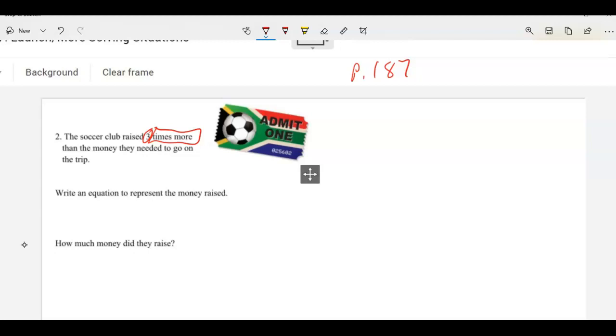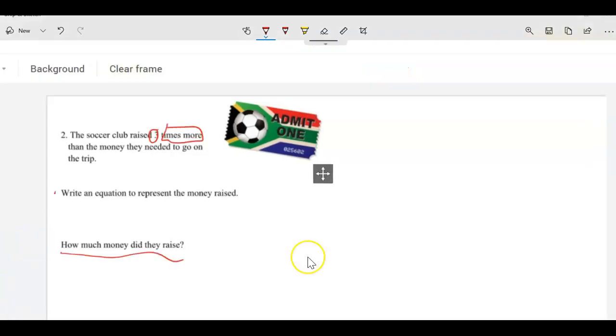Okay, so 3 times more indicates, again, multiplicative comparison. And our question down here: how much money did they raise? So we actually need to go back to that. We're going to refer back to that first problem to help us solve this.